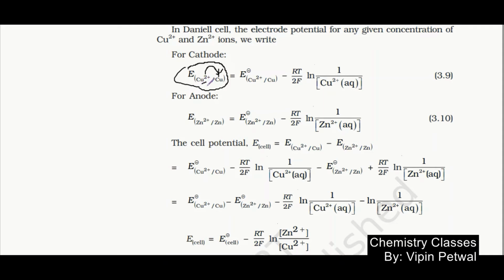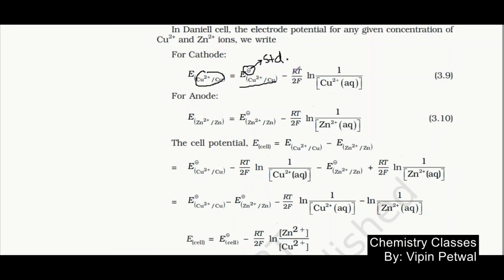No need to write the word reduction here, because simply this notation shows that this is reduction potential. Okay, and this one is also the reduction potential, but here it is written with a naught, and this represents standard condition, means this is the standard reduction potential of copper.